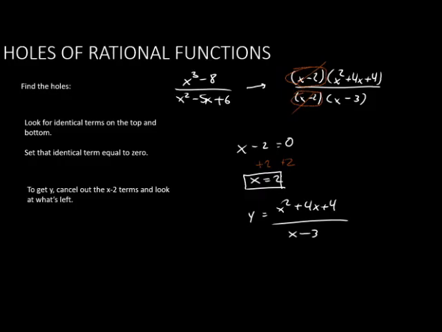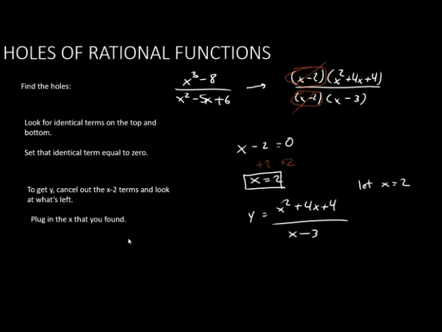Now, we'll let x equal 2 because that's the x-coordinate of our hole. So, when you find a hole, we cancel out the identical terms and then plug in the x that we found.